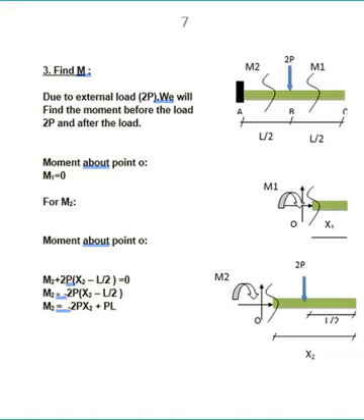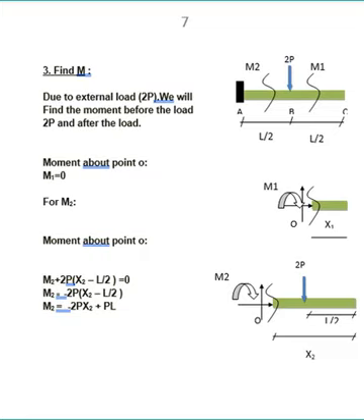Now we will find the moment due to the external load 2P, and this will be capital M. We will take 2 cuts, before 2P and after 2P.